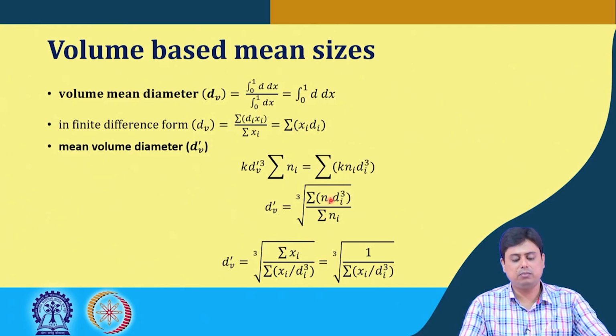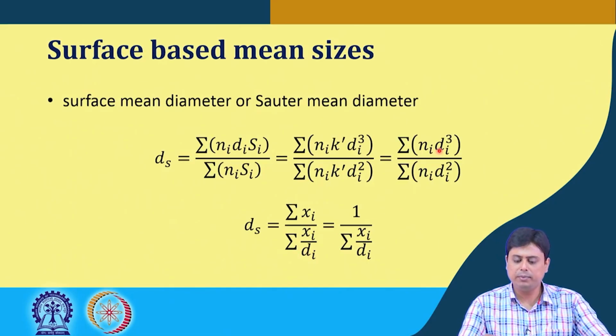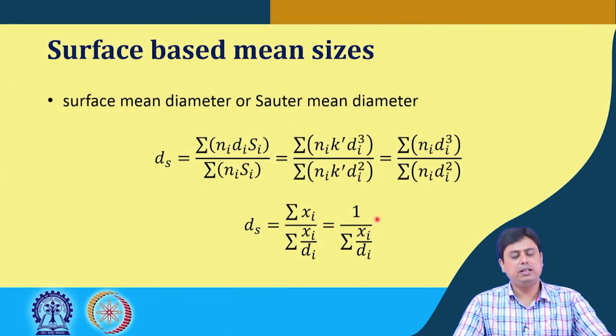So this is the relation between the size distribution by number and size distribution by mass fraction. Similarly here also, when this ni is replaced by the expression of x, we get this dimension. So here we get the surface mean diameter or the Sauter mean diameter.